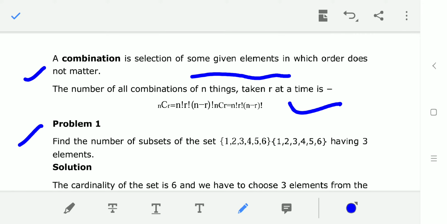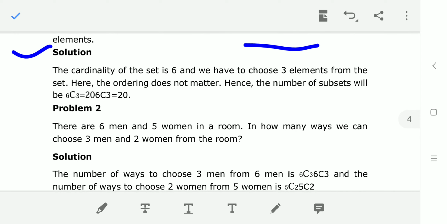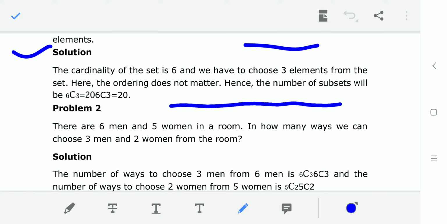Find the number of subsets of the set having 3 elements. The solution is, the cardinality of the set is 6 and we have to choose 3 elements from the set. Here the ordering does not matter, hence the number of subsets will be this way.